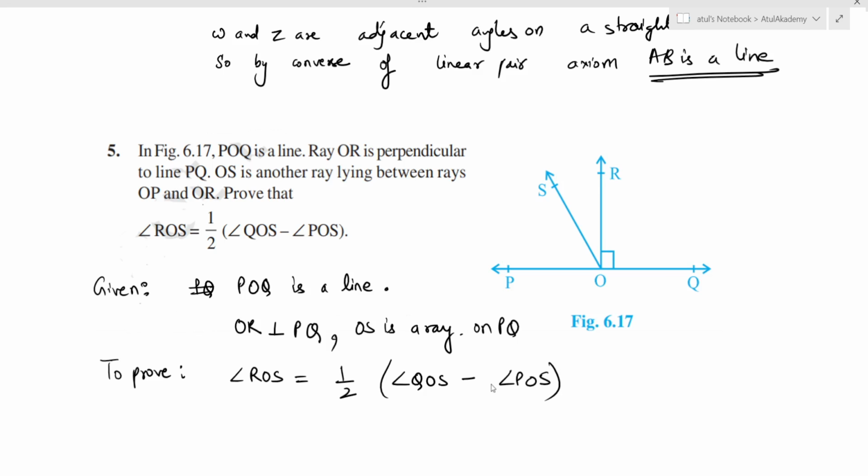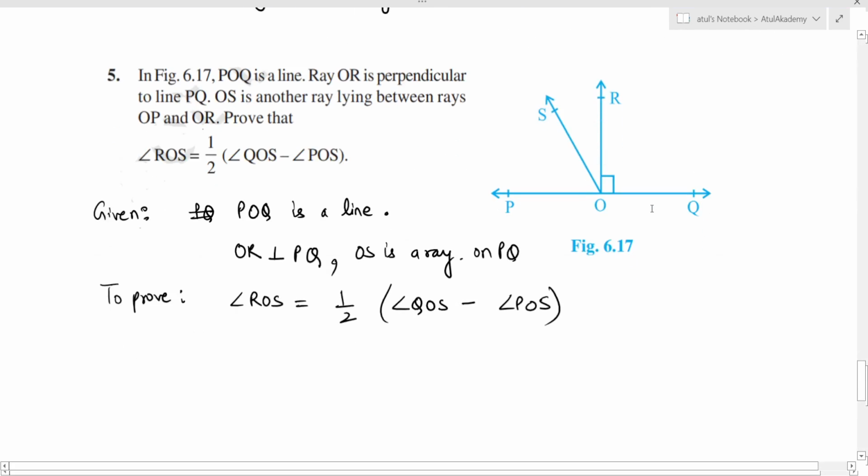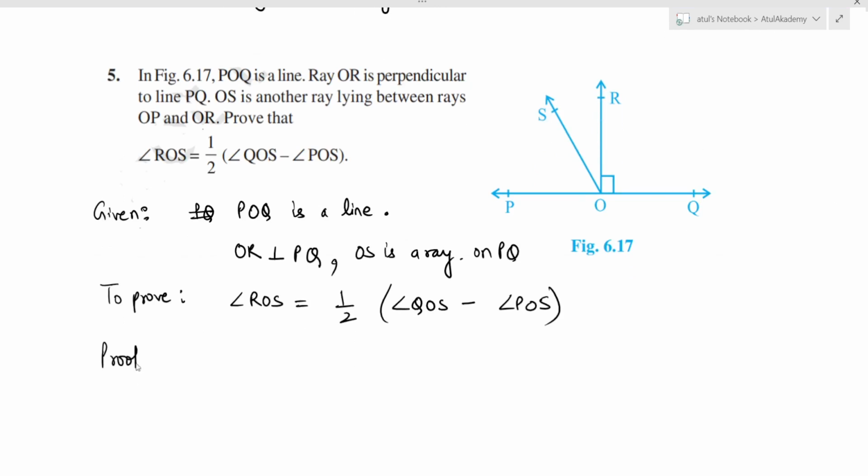There are different ways of doing this, students. Whatever way comes to your mind, you can start with it. Let's start with an easy way only. Over here, what do you have? One thing you have is that angle POR plus angle QOR is what? 180 degrees. Am I right, students?